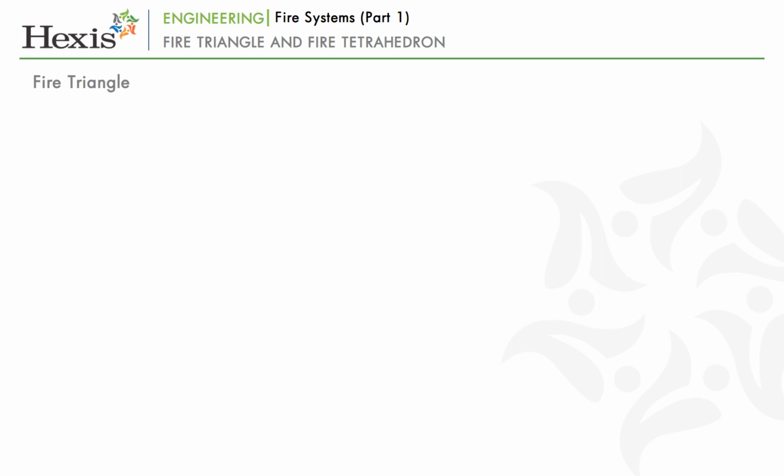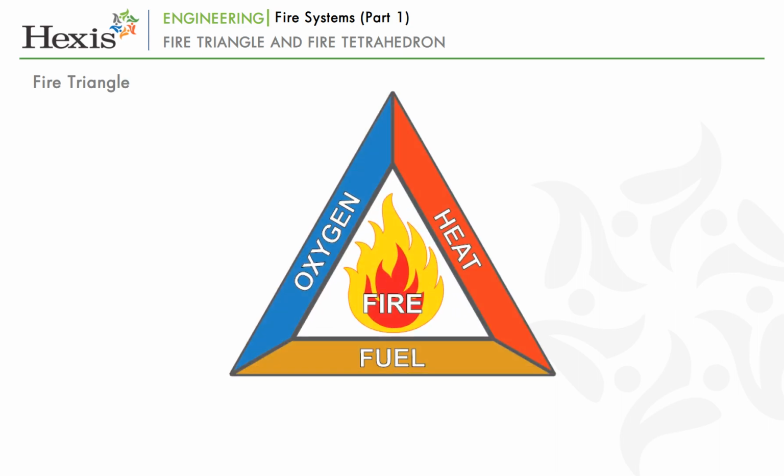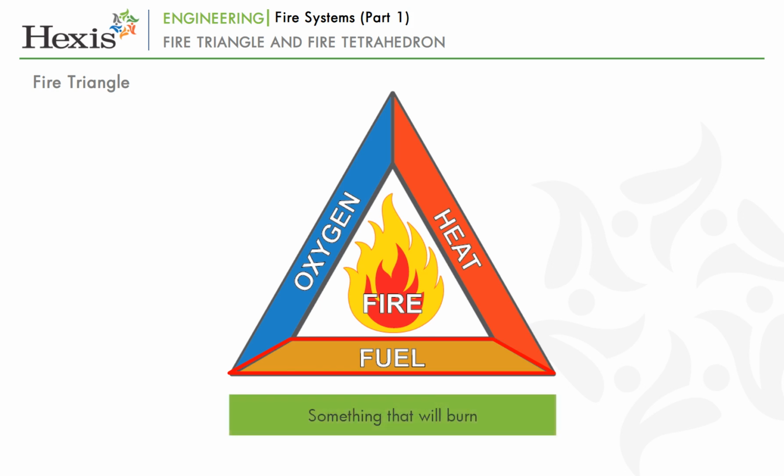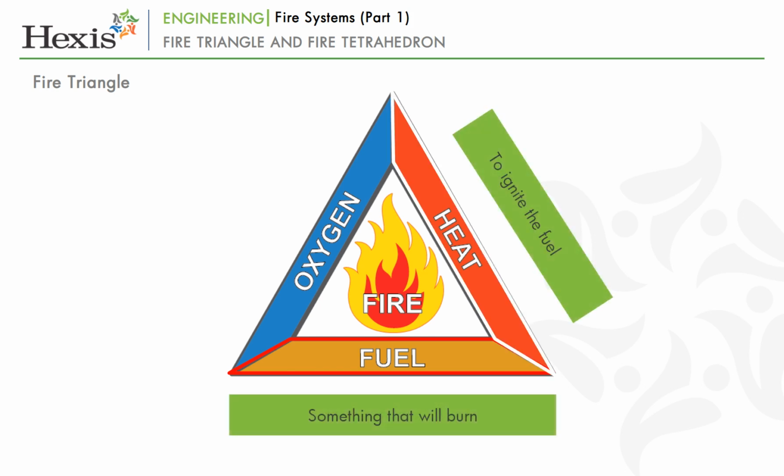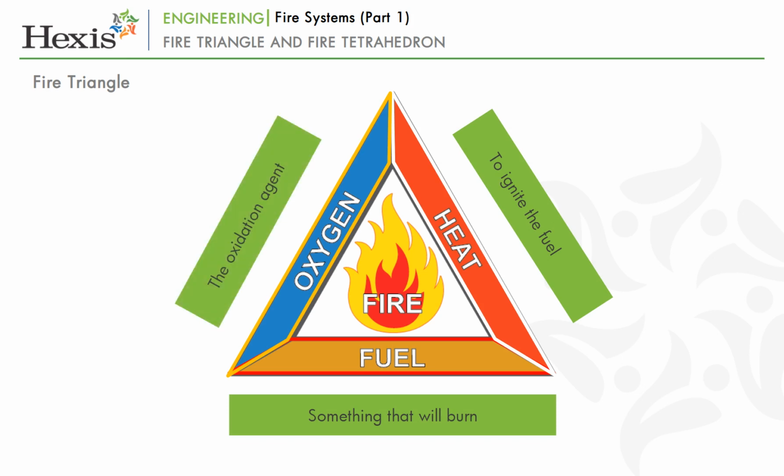Now let us understand in detail about the fire triangle. The fire triangle has been historically used for symbolizing the process of fire, indicating the 3 essential elements required for a fire to start and sustain. The 3 elements being fuel, something that will burn; heat, to ignite the fuel; and oxygen, the oxidation agent. All the 3 components must be available for the fire to sustain itself.